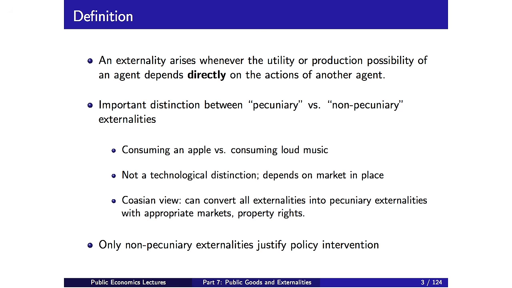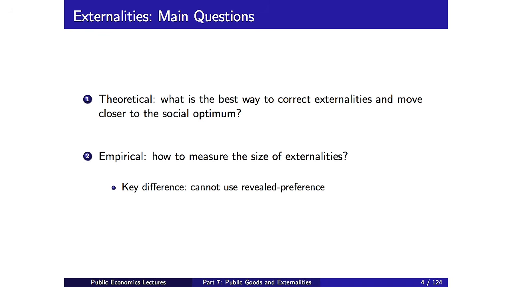It's that typically we don't have the markets to price those things. So the Coasian view is that the way you should think about externalities is not necessarily about government solutions, it's about completing markets. This is really about incomplete markets. That's the point. And we'll see where that runs into some limits.